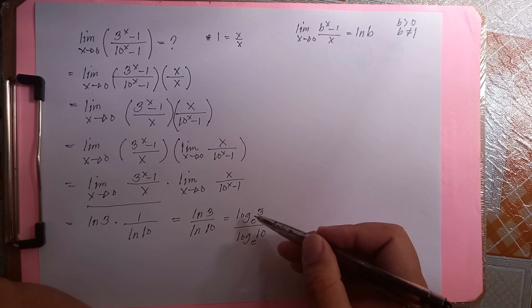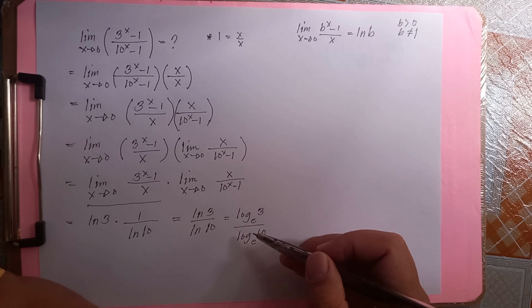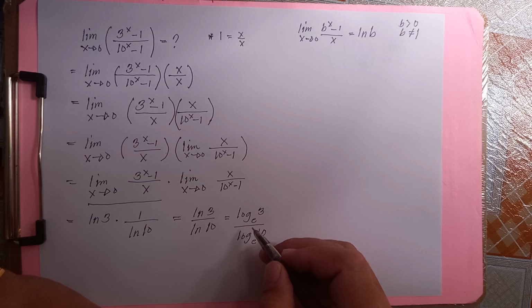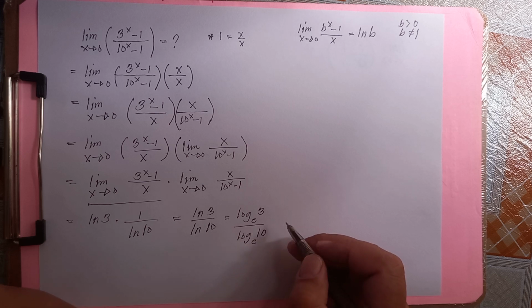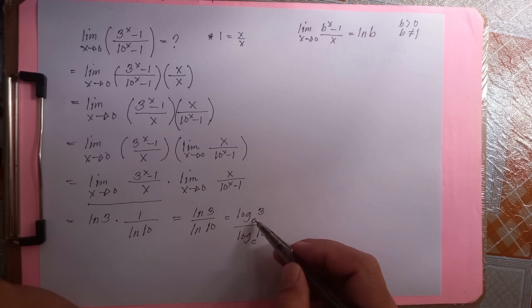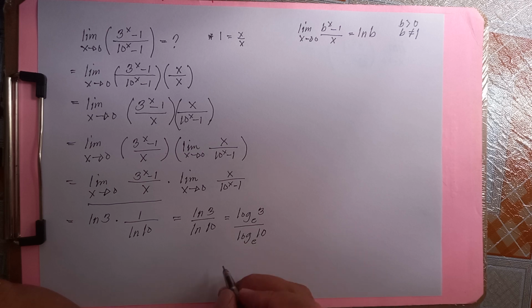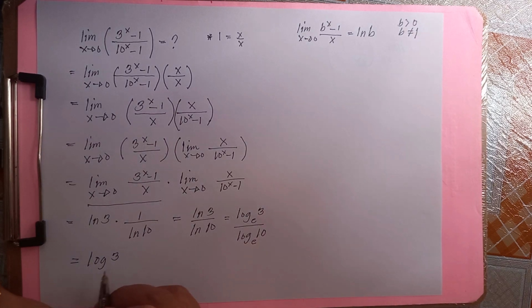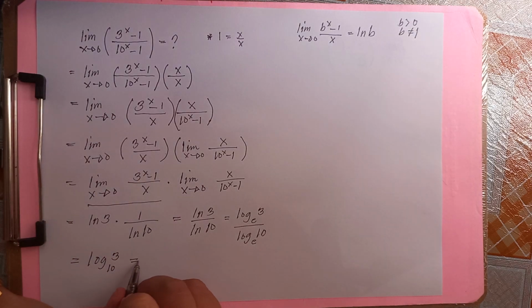This can be transformed into a single logarithmic notation by applying the change of base formula. If the numerator has the same base as the denominator, we can state this as log of 3 with 10 as our base. So that is the result.